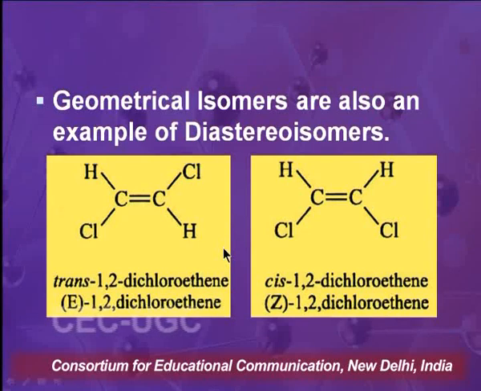We know that diastereomers are stereoisomers which are not mirror images of each other and which are non-superimposable. So the cis and trans forms of 1,2-dichloroethene are diastereomers, since they are not mirror images of each other, and the two stereoisomers are non-superimposable.